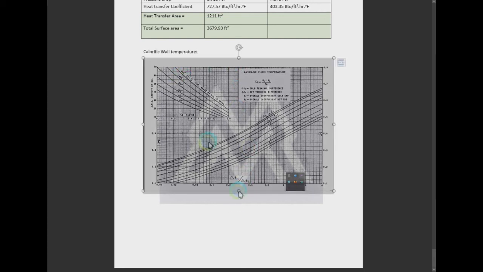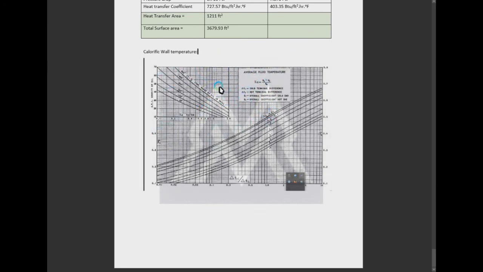So there always remains a difference between the wall temperature and the actual temperature of the fluid flowing inside the tube. The wall temperature of the tube and the temperature of the fluid are both important factors to consider, and the difference between them must be averaged to a proper value so that the heat transfer coefficient comes out correct.